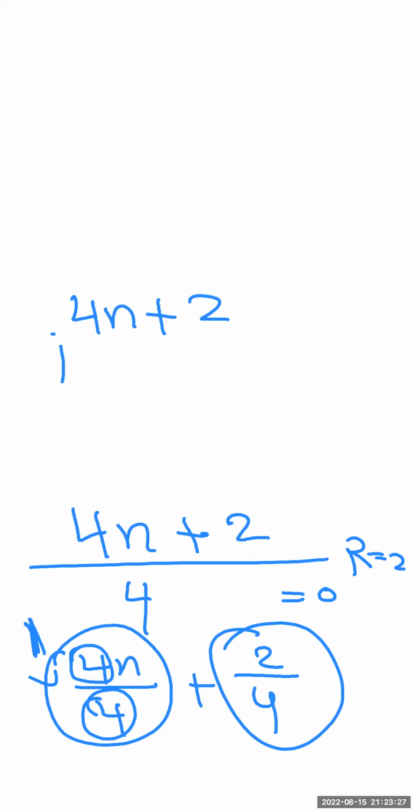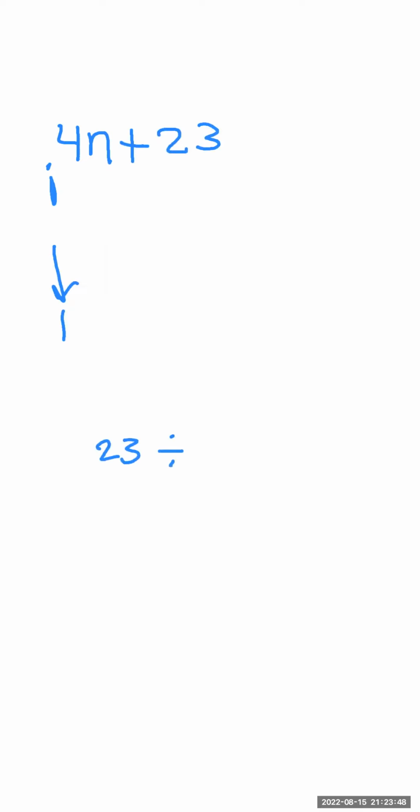Okay, guys, let's solve one more question like this. If the question is i to the power 4n, no problem, it will equal 1. But if it was i to the power 4n plus 23, now divide 23 by 4, it will equal 5. 5 times 4 equals 20.